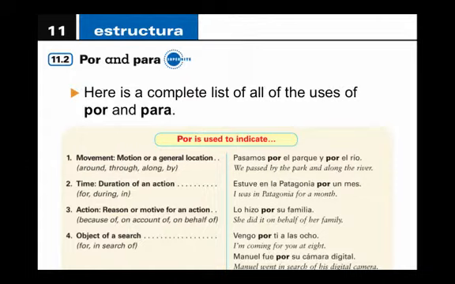Okay, so here's a complete list of all the uses of por and para. We see here, por is used to indicate the following. I'll explain a couple of important features of this, but I'm really going to leave it here for you to have access to study for a few seconds longer. So feel free to pause at any point during this video and to study. Number one, movement, motion or general location. Two, time, duration of an action.